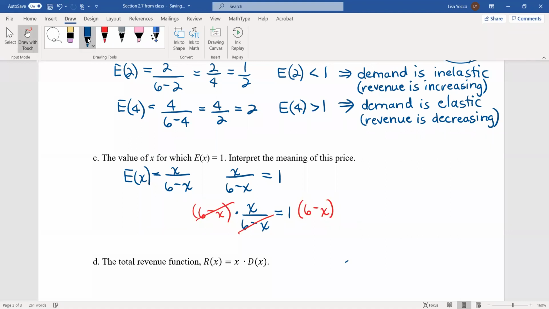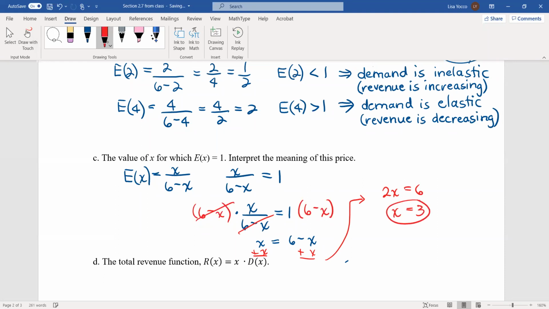That leaves me with x on the left, 6 minus x on the right. I'll add x to both sides, which gives me 2x equals 6 or x equals 3. So when x is 3, the elasticity is 1.